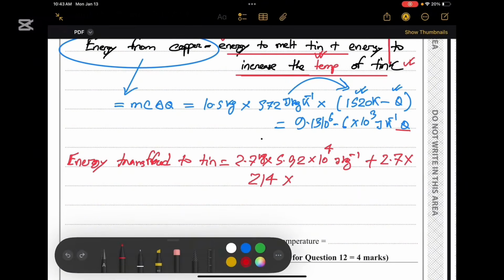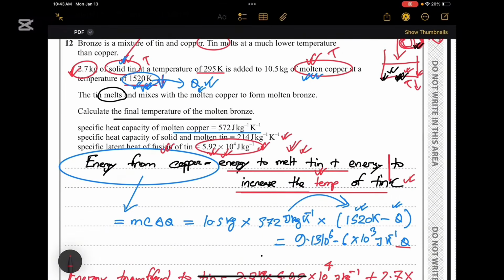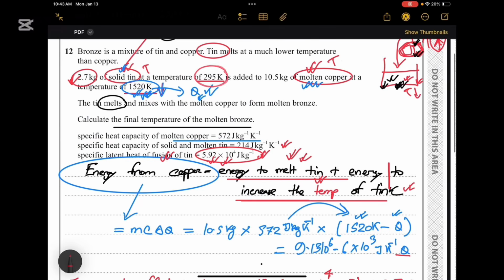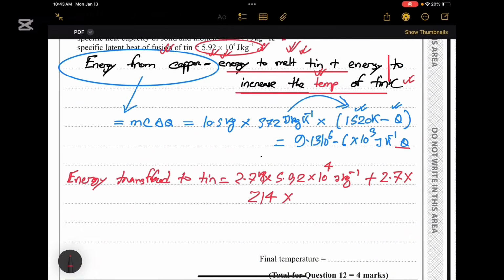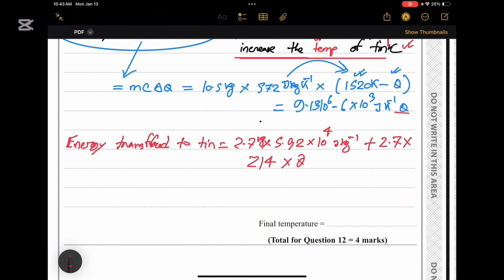Its temperature will increase. Its previous value was 295, so its value will increase to a theta value, and we know this theta value is greater than 295, so we put it ahead of that value, which is theta minus 295. We always write the bigger value first.